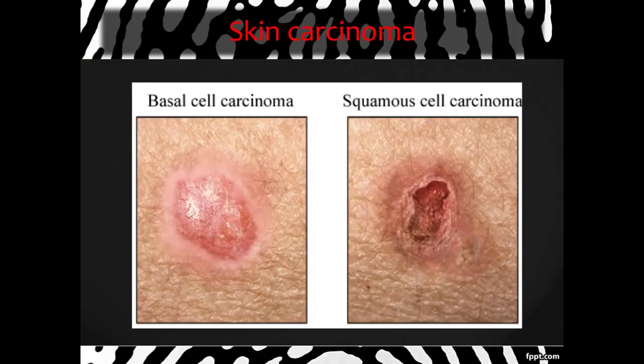We already mentioned keratinocytes and uncontrolled proliferation causing the skin cancer. These are two types of skin cancer: basal cell carcinoma and squamous cell carcinoma. It depends on from which layer the uncontrolled proliferation arises.